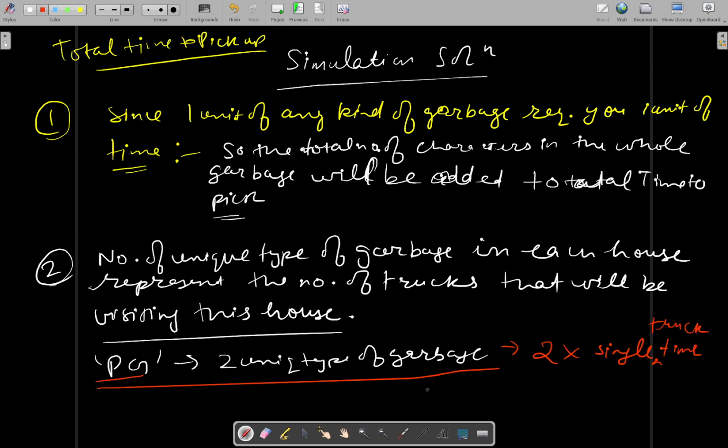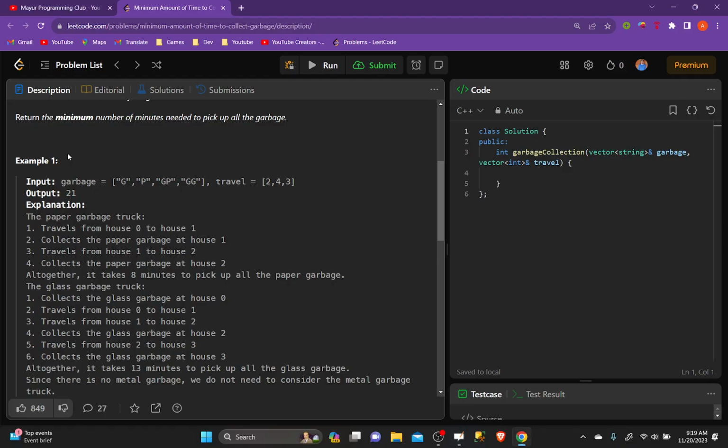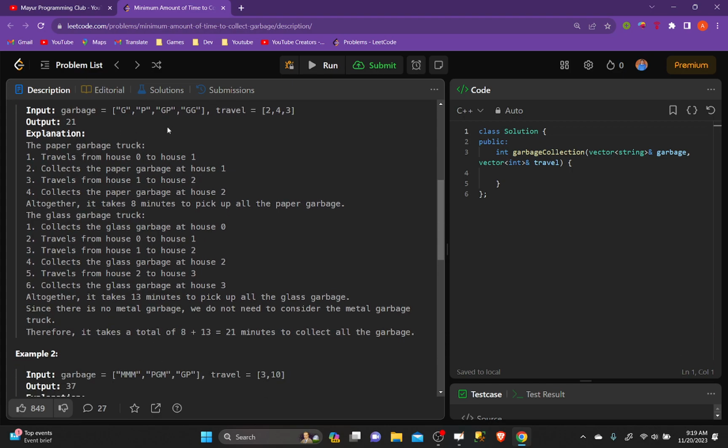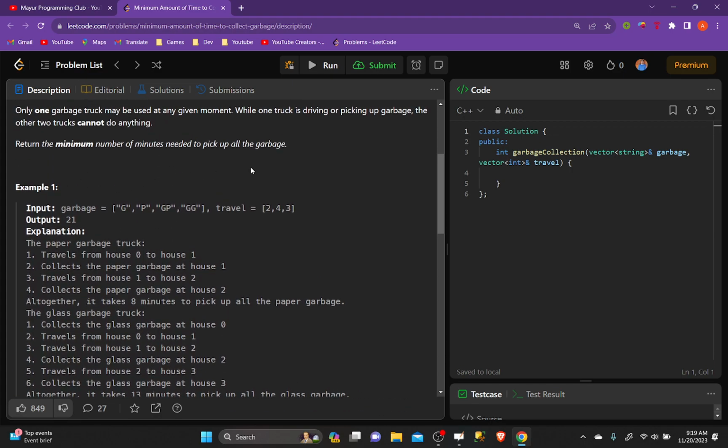Then all in all, 2 plus 4 into 2 units of time will be required for both trucks to arrive at this house. And how much time it will take to pick up the garbage is a different case that we have already covered here. So these are the two observations that are needed to solve this problem.